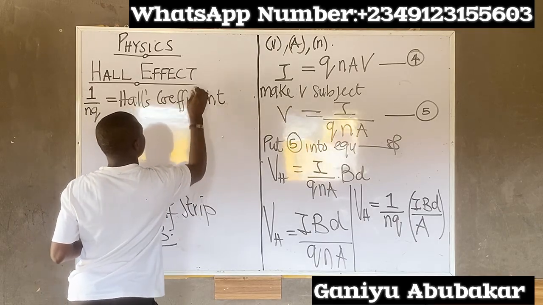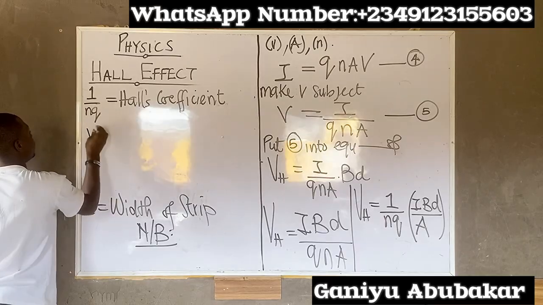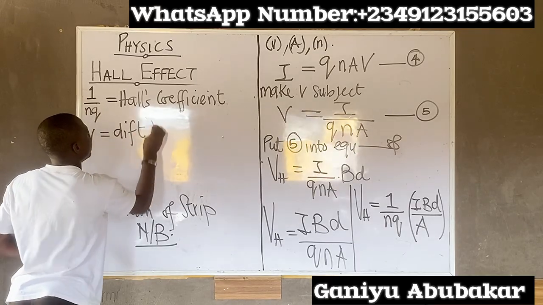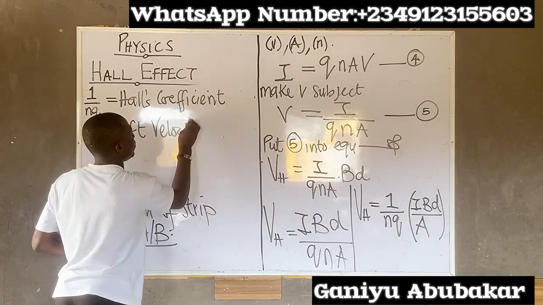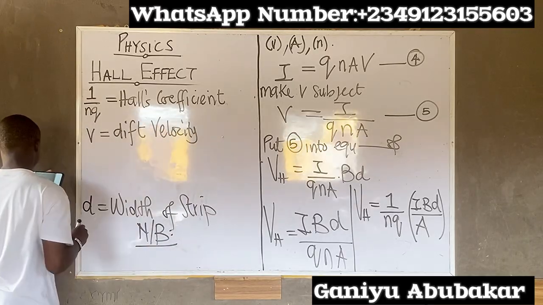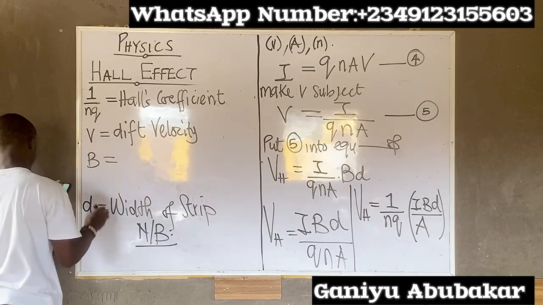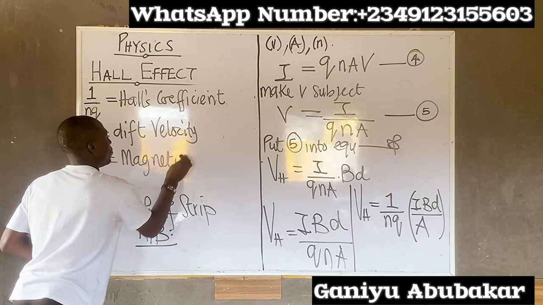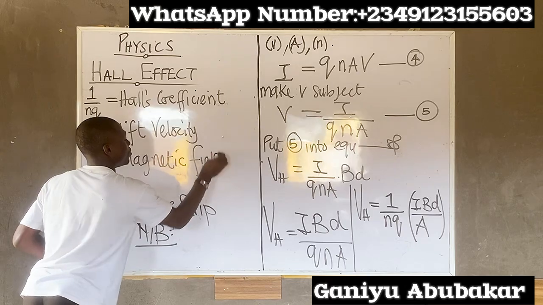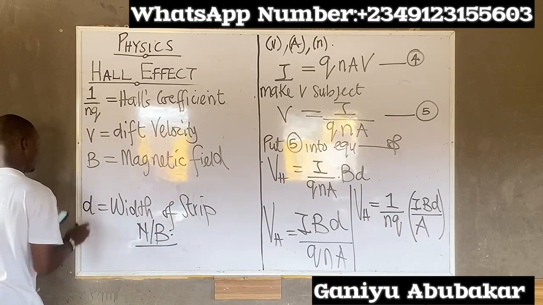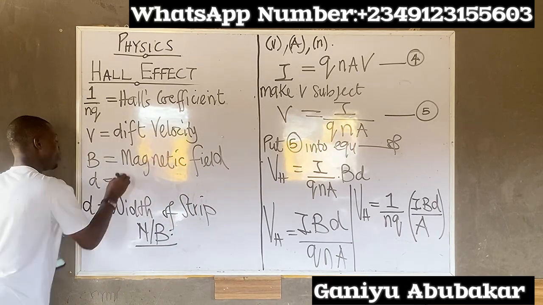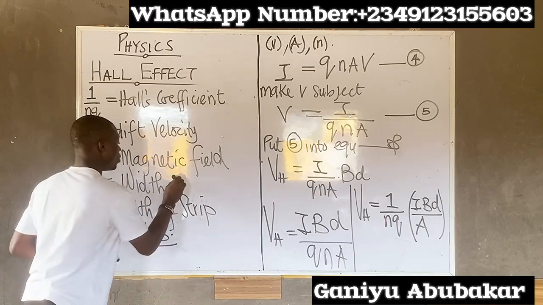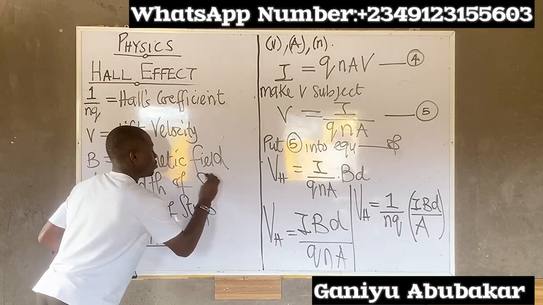That's the meaning. Next up, I have V. V means drift velocity. Next up, B means the magnetic field. D means the width of the strip.